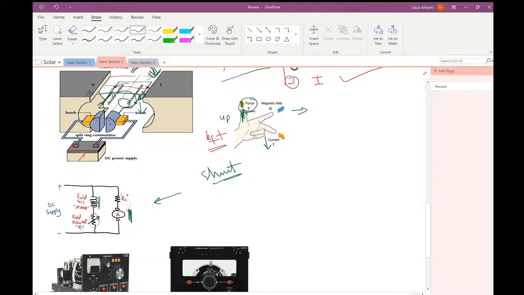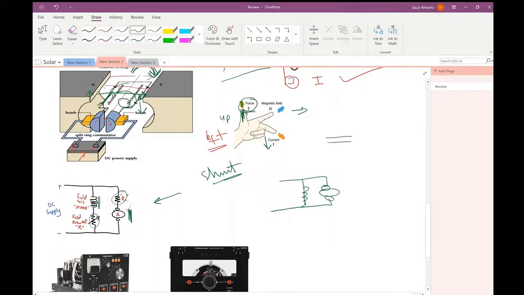These resistors are in the circuit just to control the amount of current produced. So I have to have parallel to the coil and parallel to the armature, as simple as this. So this is the shunt motor.